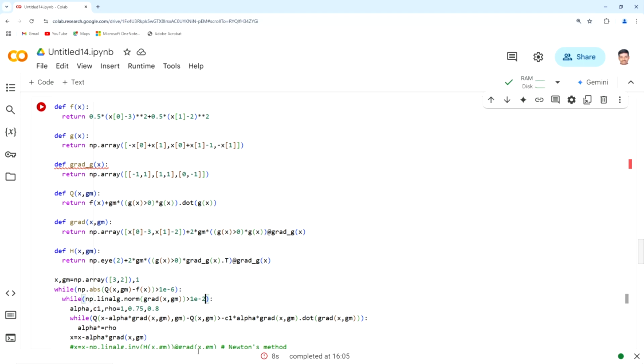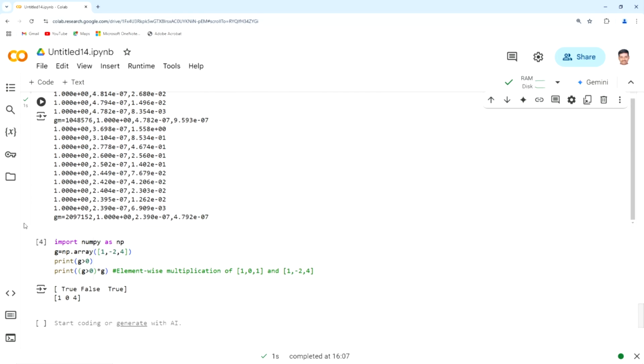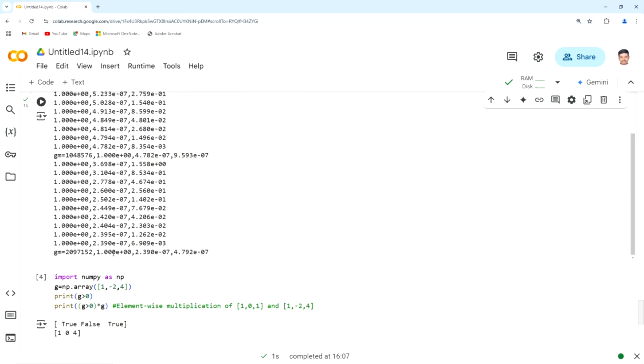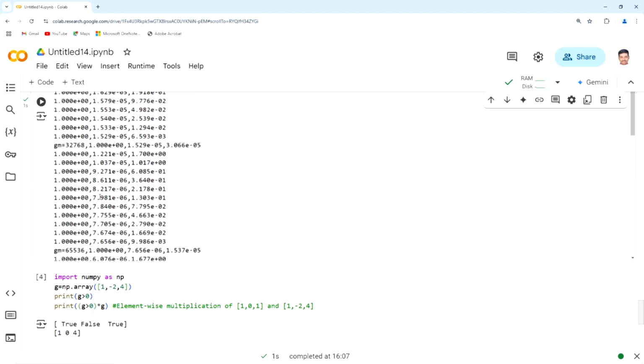So, let us work with just 1e-2. Fortunately, we have got the answer, and that is again the same value of gamma, and you have 1, 0 as the answer, but you can see that for each value of gamma you have so many iterations being carried out.